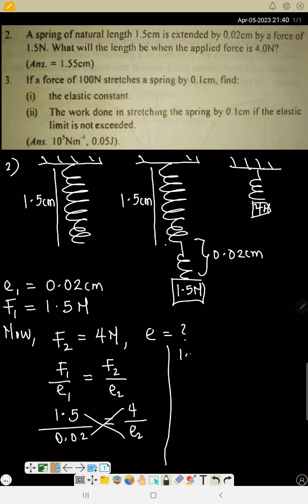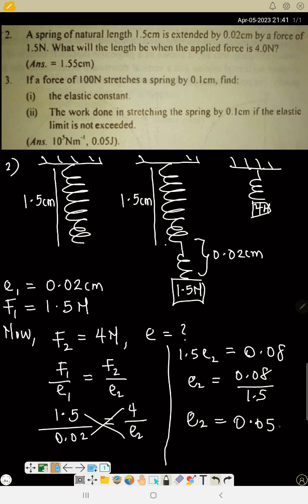So you have 1.5 E2 equals 0.02 times 4. That should be 0.08. Now E2 equals 0.08 divided by 1.5. So that is 0.05 centimeter. That is the new extension if you extend by 4 Newton.